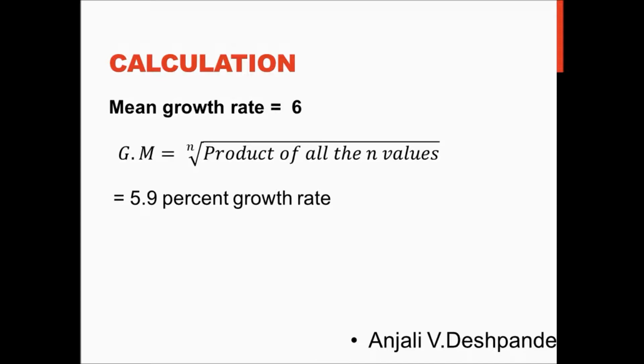So this indicates that actually the correct growth rate should be slightly less than 6, and this we are getting by calculating the geometric mean. So this is the importance of calculating the geometric mean.